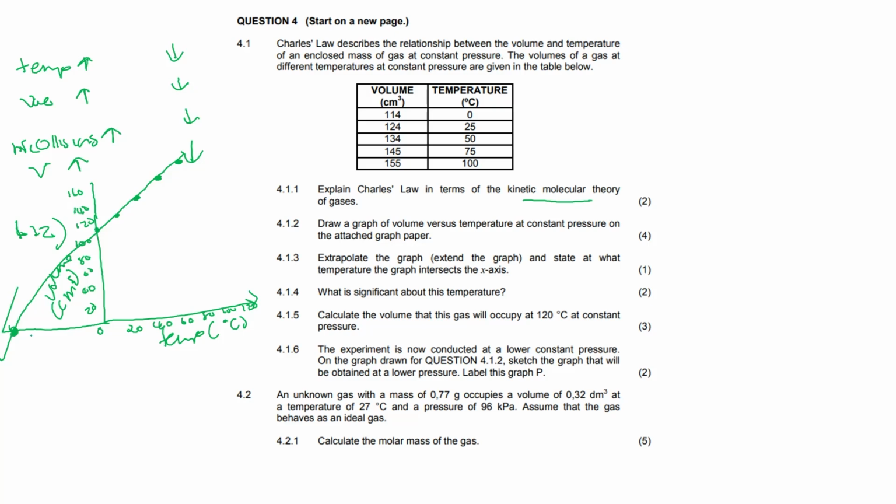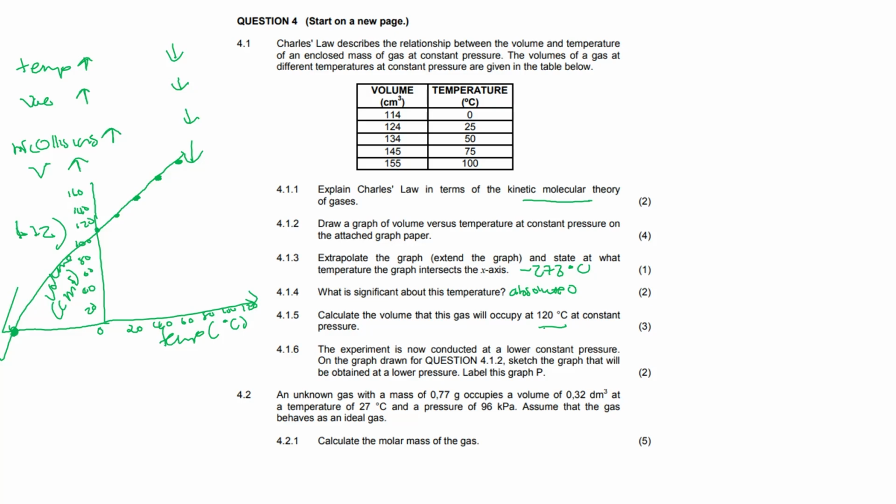Negative 273 degrees. And what is significant about this temperature? The absolute zero, which is the coldest possible temperature at which the particles will have no kinetic energy.